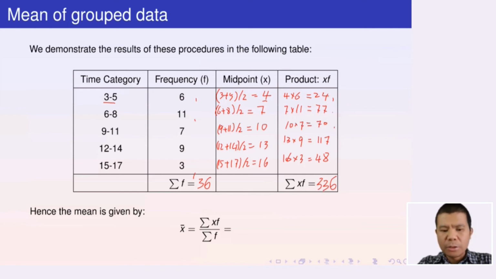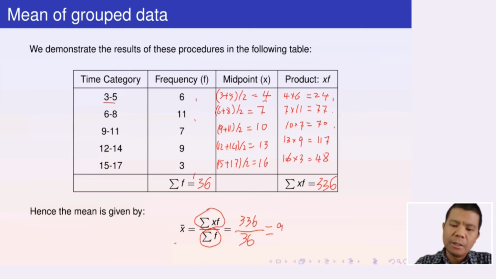The mean, using the formula as we know, is the sum of the products divided by the sum of the frequencies. So 336 over 36 equals 9.333.